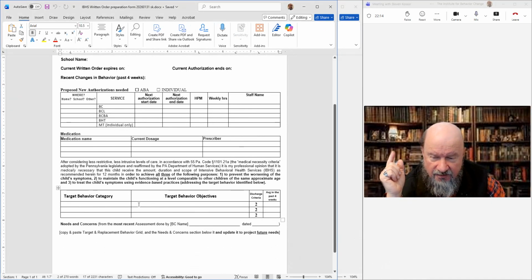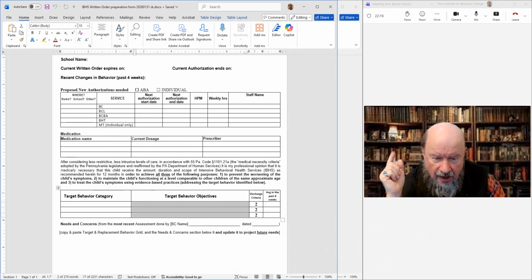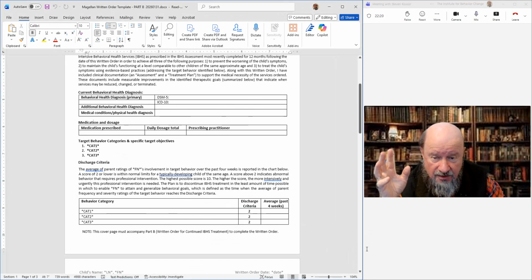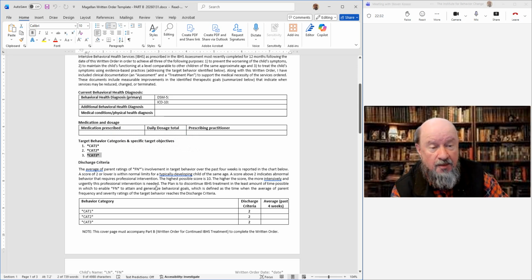If you identify it in here, I'll copy and paste it into this form and put it in right here, so that we again have a coherent presentation of target behavior that is forward-looking into the coming year. This is what we're going to address, and this has been the average in the past 4 weeks.